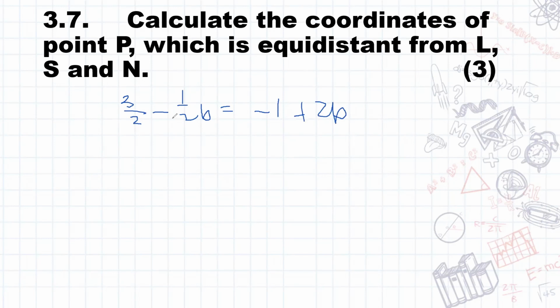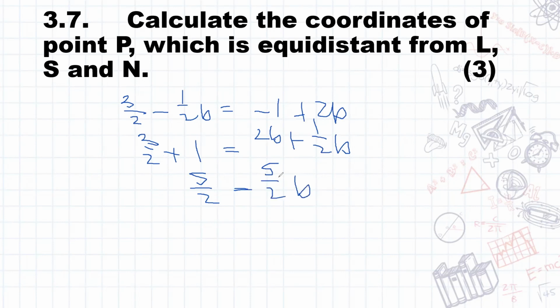And then this is from paper 1, so solving simultaneously, and now we're just going to find the value of b. So we're going to have 3 over 2 plus 1 is equal to 2b plus a half b. Okay, and so what we get here is 5 over 2 is equal to 5 over 2b. And so we can see from this that b is equal to 1.